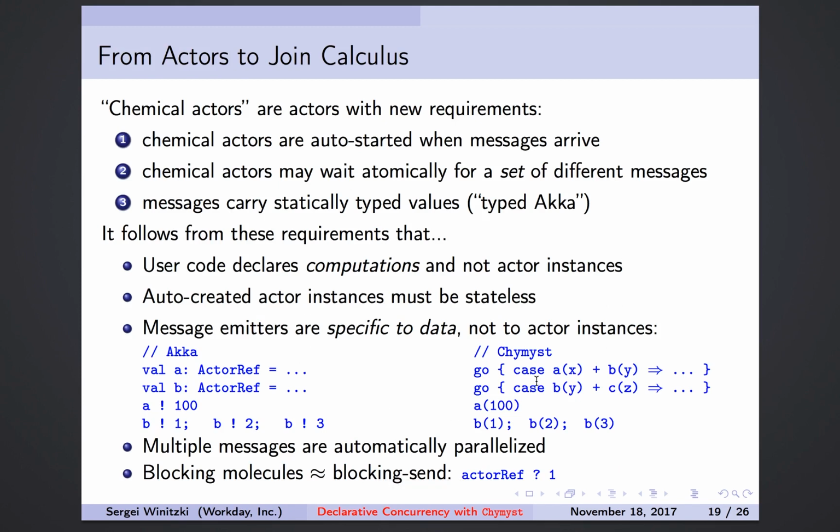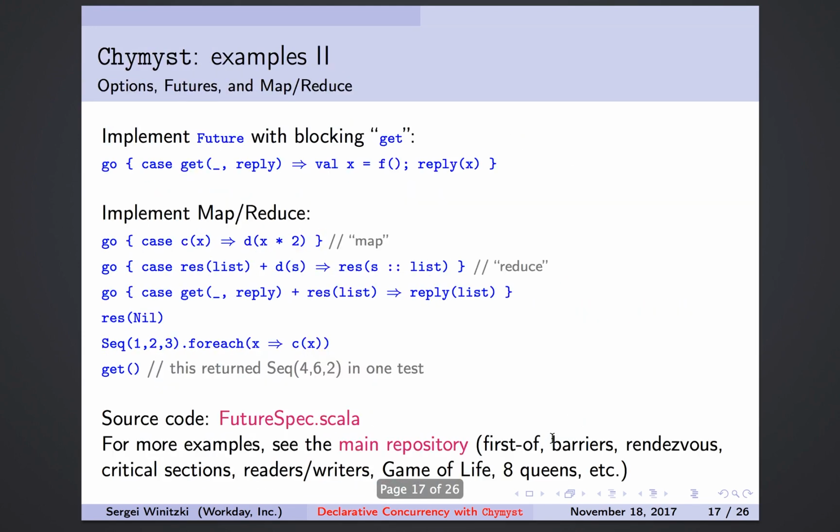Also note that parallelization is automatic. We emit several instances of the molecule C, and then several instances of this computation are automatically run. We do not specify when to run them or that they should run in such and such parallelism.